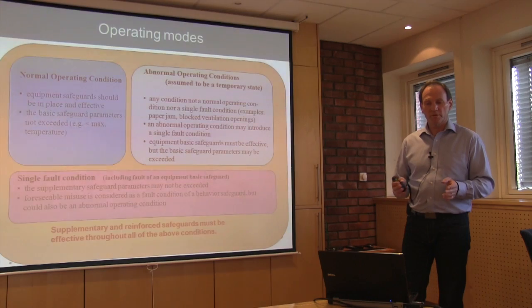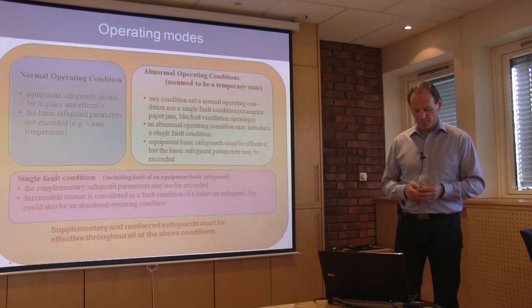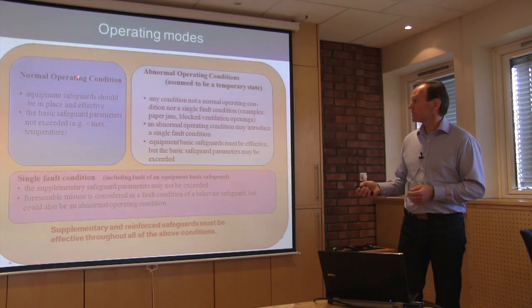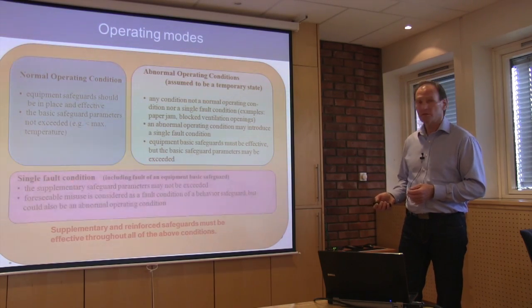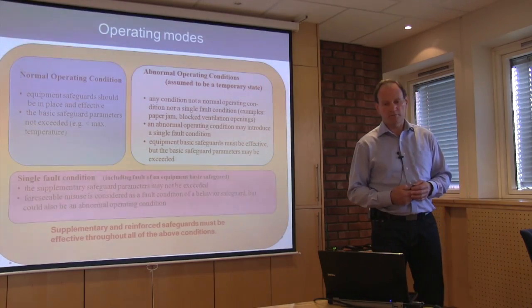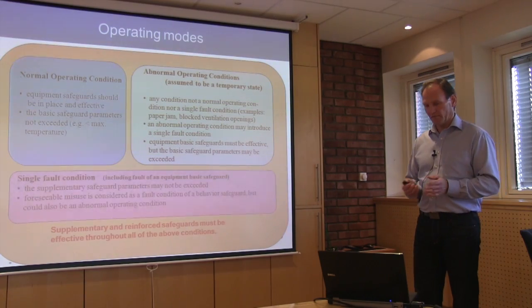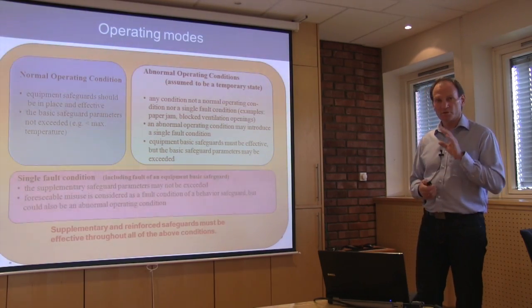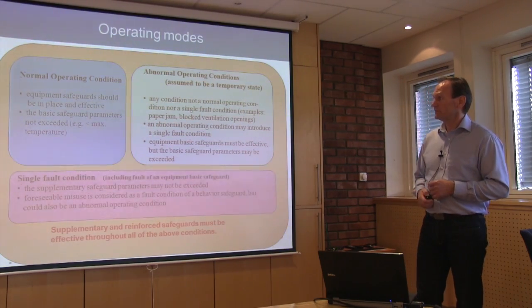Then we go to the operating modes. You have normal operating conditions, abnormal operating conditions, and single fault conditions, as we know in present standards also. But it's important to describe what is meant in this standard by normal operating conditions.